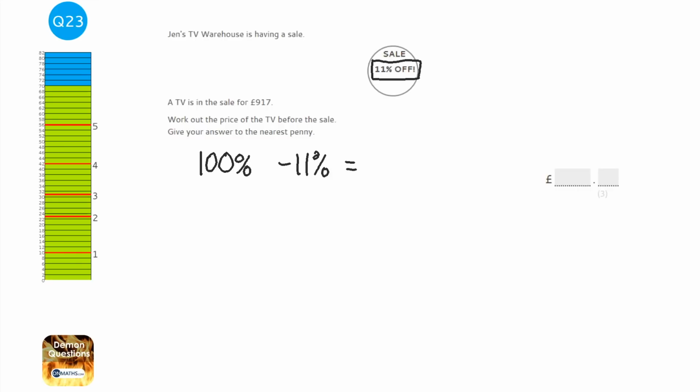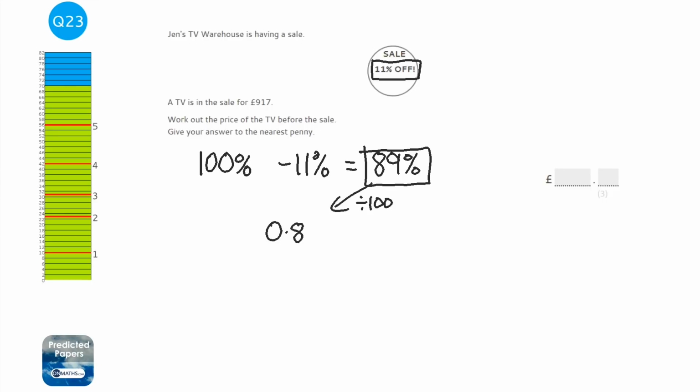So that's going to leave us with 89%. Now 89% is not a multiplier yet. All you need to do is divide it by 100 to make it a decimal. So in your calculator or in your head, divide it by 100 and you get 0.89. And that's a multiplier because all we need to do is put any number in here, we times it by 0.89, and it gives us what the new number is with 11% taken off.